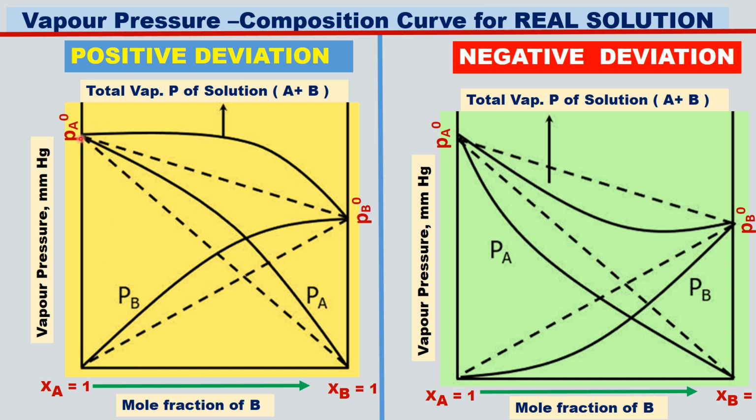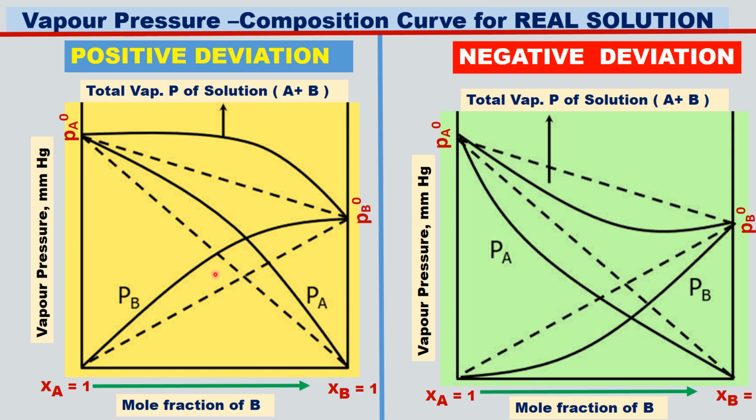This curve will be given, and now you see this is the expected partial pressure of A. However, there is positive deviation because of repulsion between the A and B molecules. Therefore, there is the total vapor pressure. You see, the vapor pressure of A is greater than the predicted vapor pressure of A.